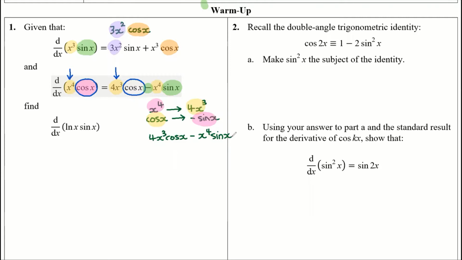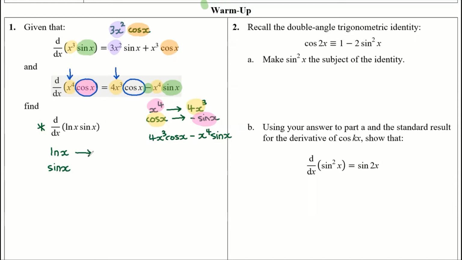So let's apply this idea to example 3. What I'm going to do is list the functions. So we've got the natural log of x, and I've got sine x. And we can use our standard derivatives. I'm just going to put an arrow here to indicate that I'm differentiating.